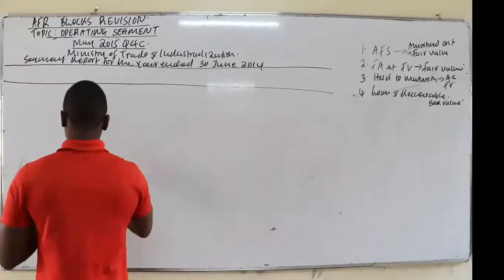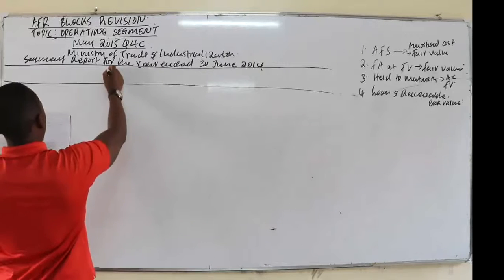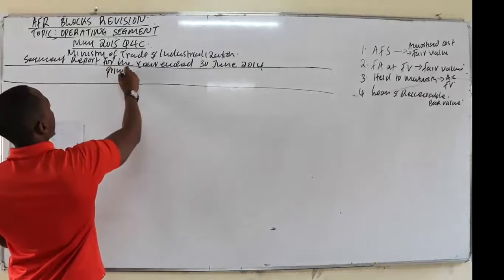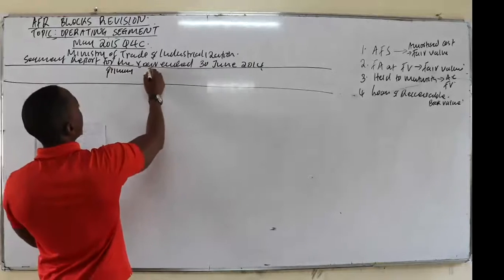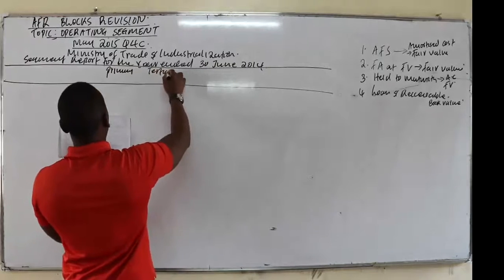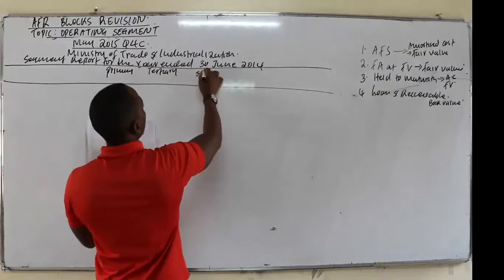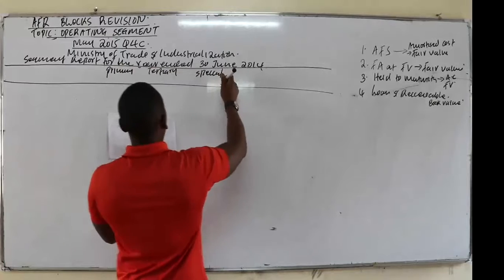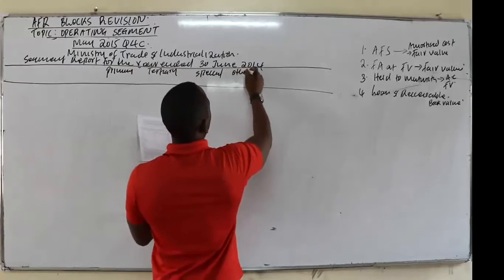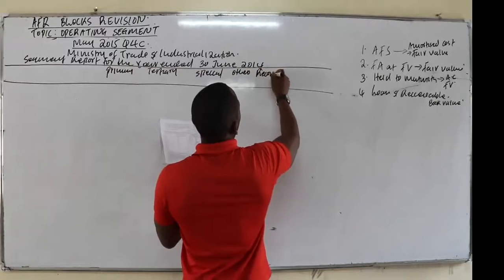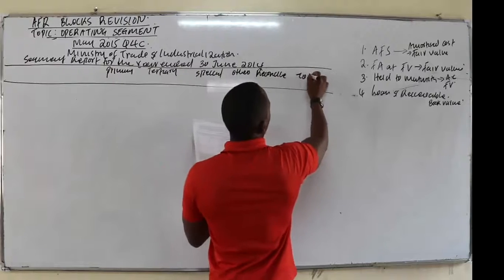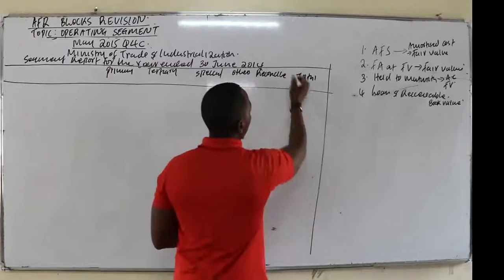So we have four segments here. One is the primary services, then tertiary, special, then we have others. Then we can reconcile, and then you get the totals.